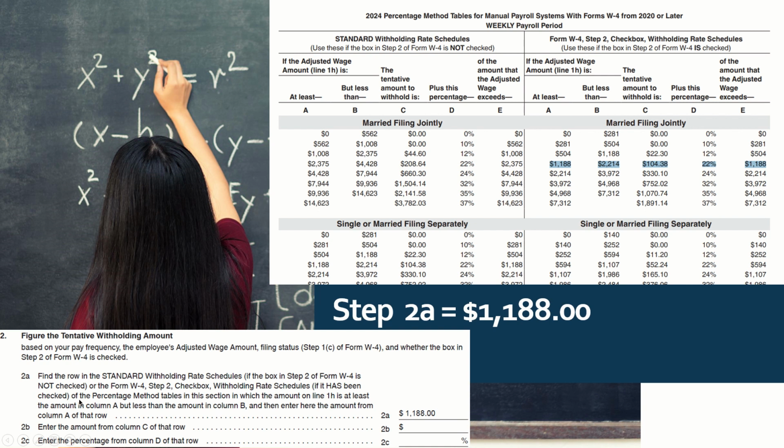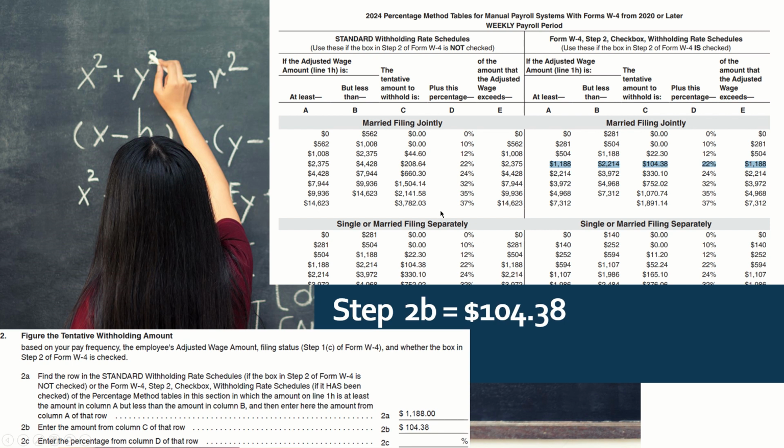Now the percentage method tables in this section, in which the amount on line 1H is at least the amount in column A, but less than in column B. So we had $1,488, so we're looking for something in between, which happens to be this fourth set of numbers. 2A would be from column A of this row, which is $1,188.